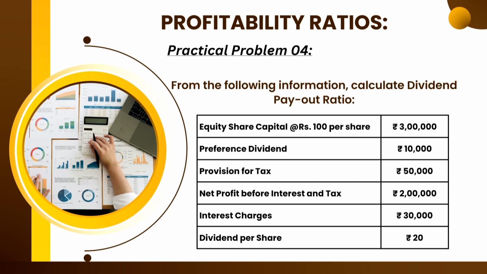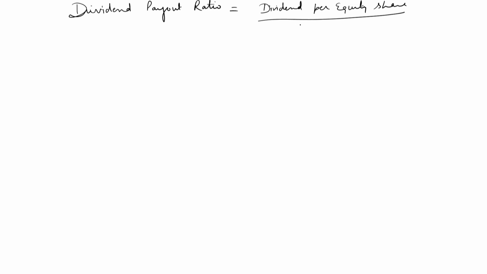provided in the question. So starting with the formula of dividend payout ratio, dividend payout ratio is dividend per equity share divided by earning per share.